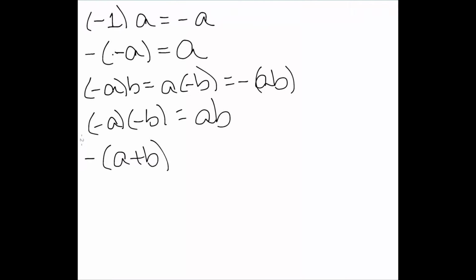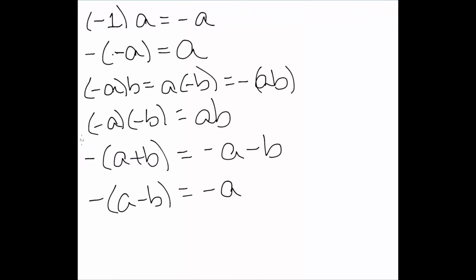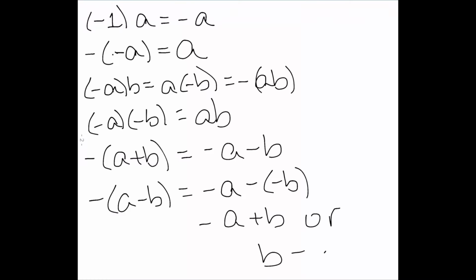Negative (a plus b) is negative a minus b. You can distribute a negative sign. And negative (a minus b) is the same thing as negative a minus negative b, which is negative a plus b, or b minus a. So let's do some examples using these.